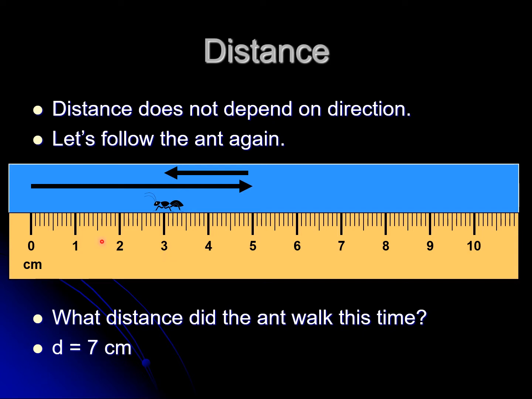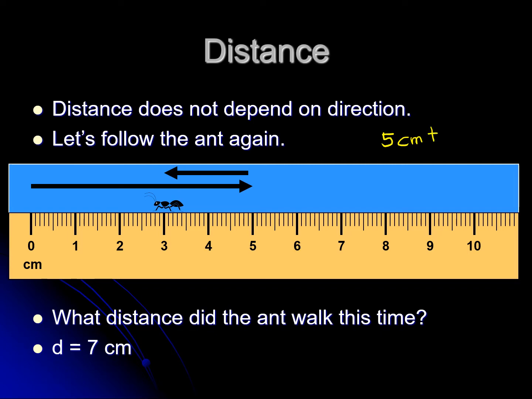Again, you are asked how far the ant moves. The ant moves from 0 to 5, that is already 5 cm.